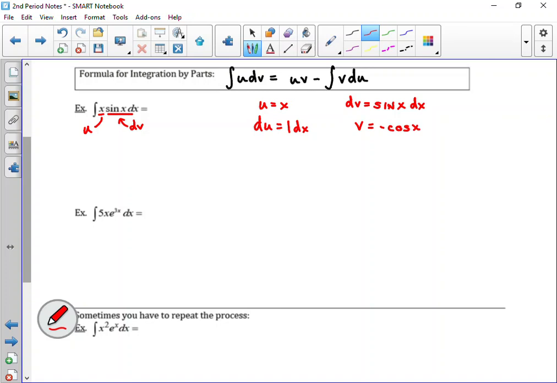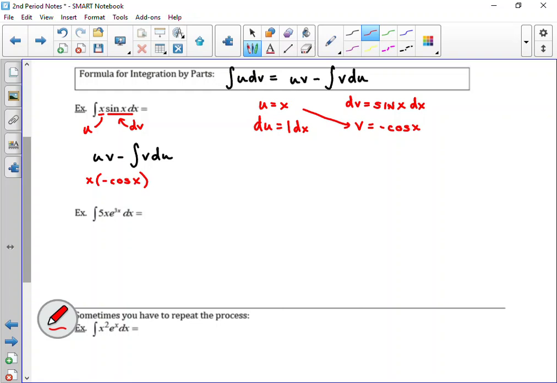All right, so this integral is going to equal the expression u v minus integral v du. So we know that u is x. We know that v is negative cosine x. Sometimes I draw this. So x times negative cosine x.